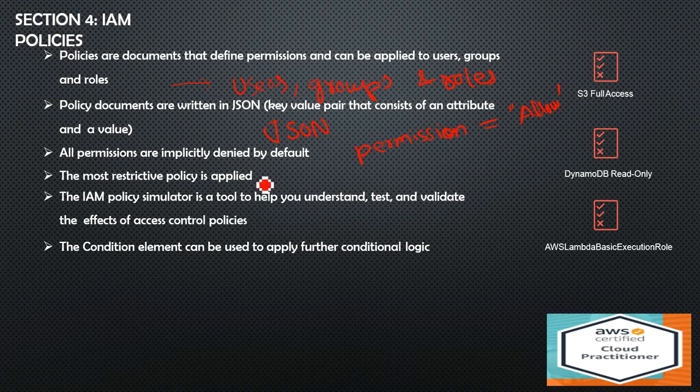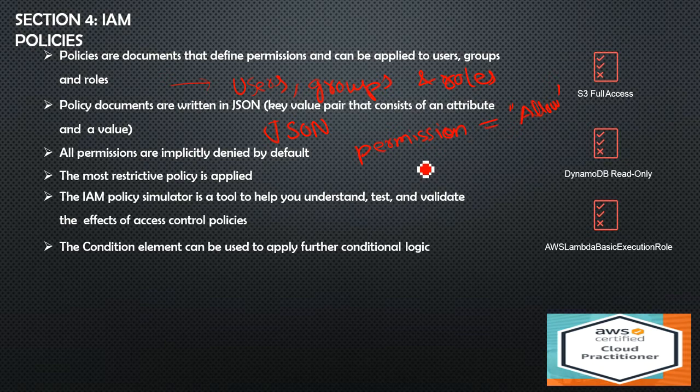All permissions are implicitly denied by default. Okay, so when you create a user, by default you don't have any access. You have to explicitly allow the users or the service the access that you want to grant them. The most restrictive policy is applied.